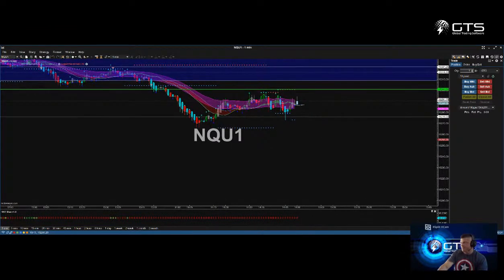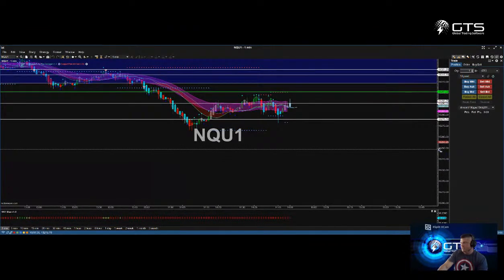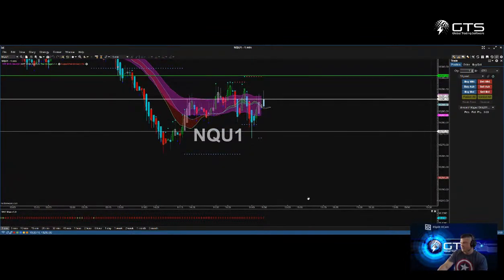Here we go. There's the volatility coming in. What are we going to do here? Look at it. I like watching this because it kind of gives me an idea of what to expect if I do trade the Asian session, which sometimes I do.